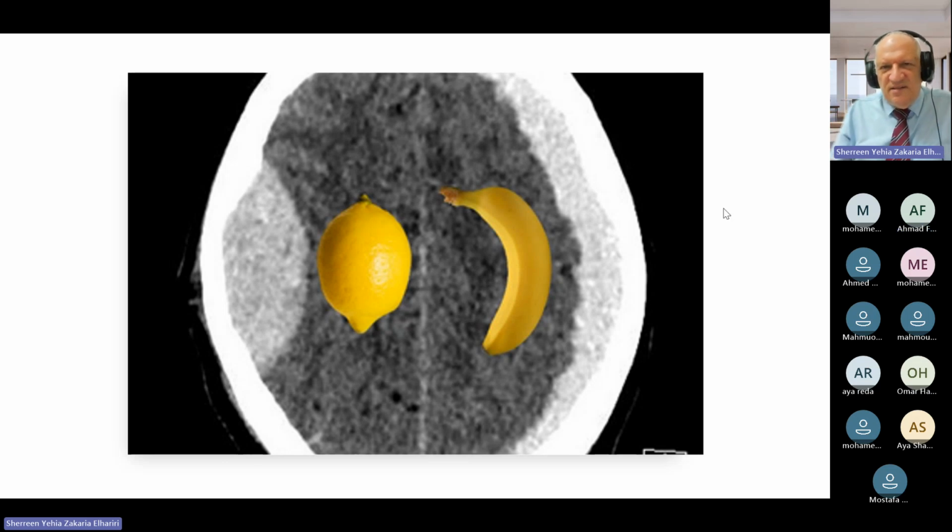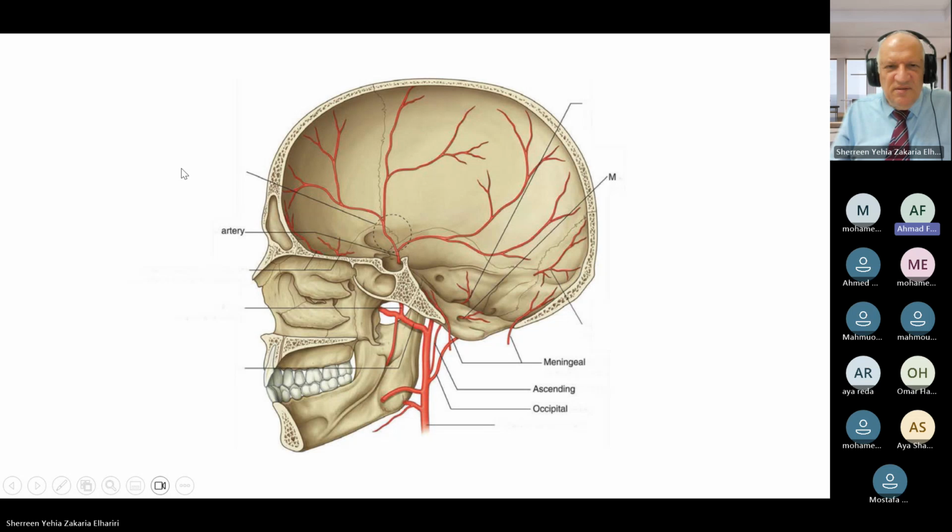This is subdural. So is it venous or arterial? Venous, from bridging veins. Does it occur in young or old? In old age. Why? Usually in old age because the brain may be atrophied, so they have space, and a little trauma can cause hemorrhage. This is the skull also, and they show you the branches: anterior cerebral, posterior, middle cerebral, all these.